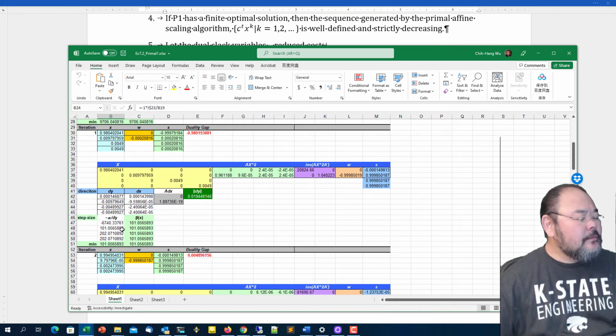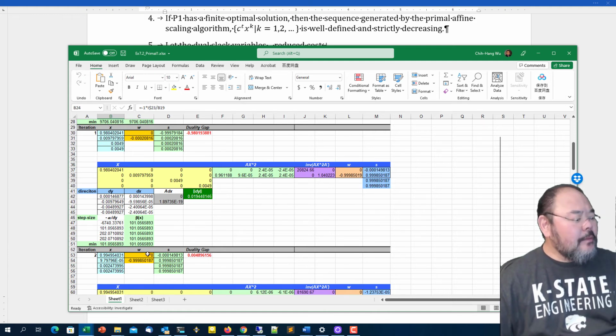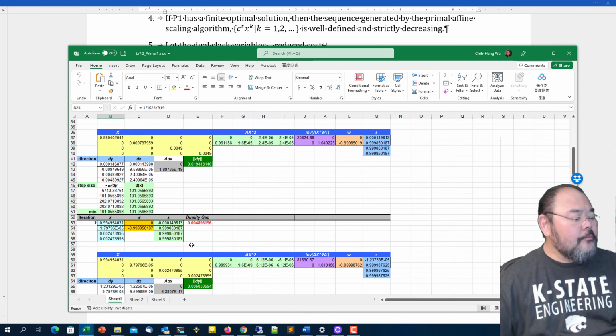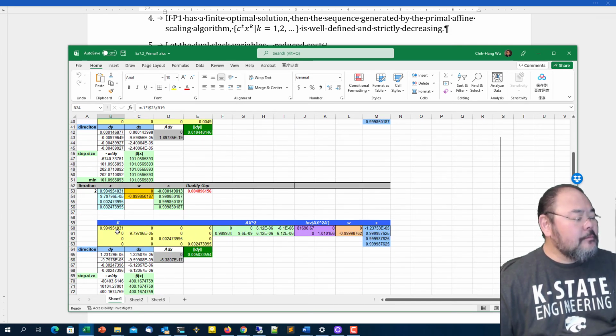Calculate the step size again, choosing the proper step size. Update my primal solution, then you can see that only x1 is close to 1 right now, and the rest of them are getting closer and closer to 0. And I can update my dual solution, which is copied from here, the current dual slack solution, copy it from here, and that's it. One more step.